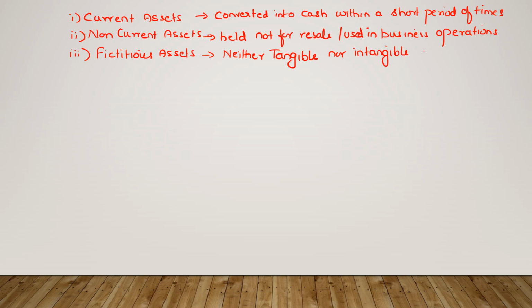So what do we mean by this? They are not tangible assets, means you cannot see and feel it. It's not intangible assets, which cannot be seen or felt, but still it is there. That is intangible asset. But we're saying fictitious asset is a category where it is not a tangible asset. You cannot classify it as intangible asset. What type of asset are we talking about here?